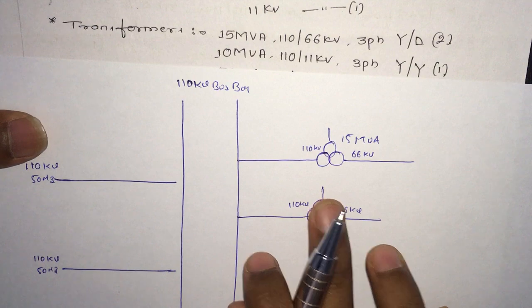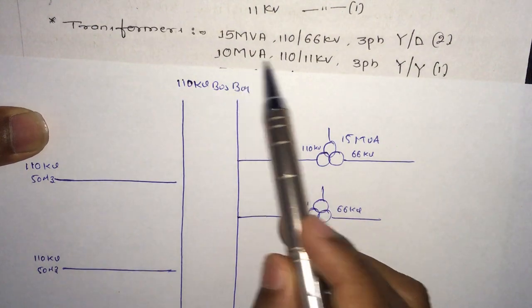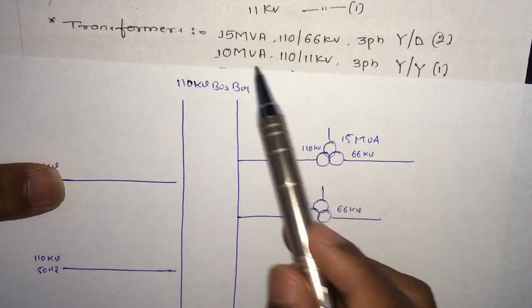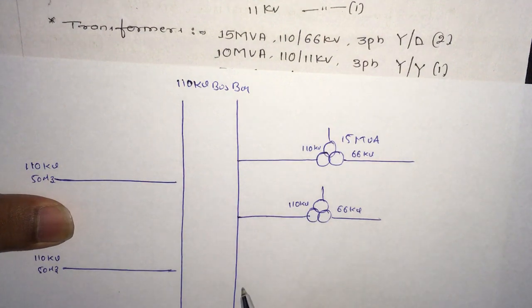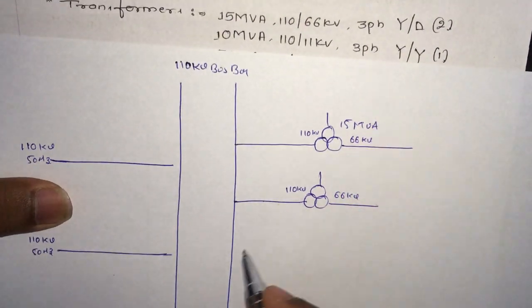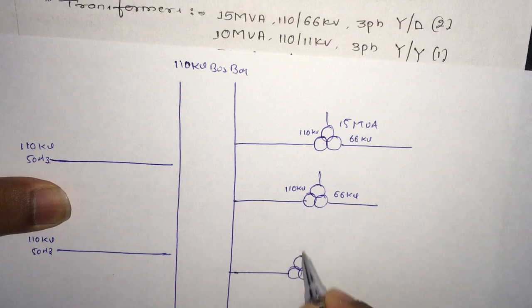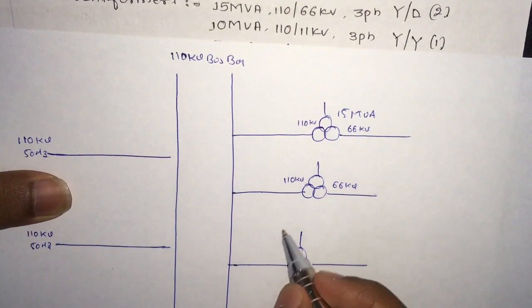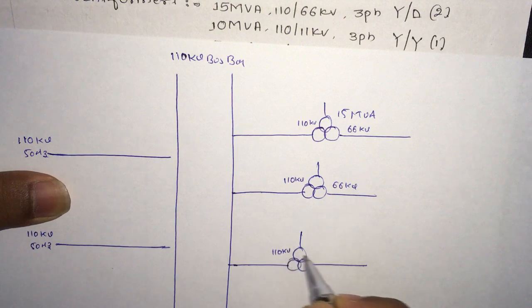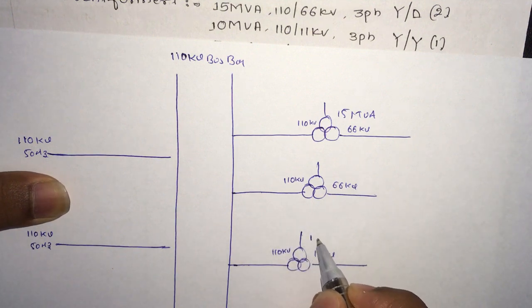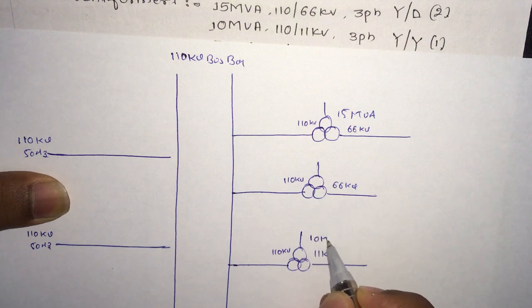After that we have one more, 110 kV by 11 kV, that is 10 MVA, and it is also three phase. We'll consider it here. One 110 kV by 11 kV, 10 MVA.